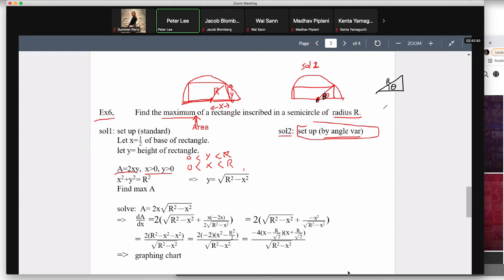In the solution 2 setup, the variable I'm going to create will be theta, and only one variable. There's no x and y. In that case, this guy right here is r cosine theta, and this is a right angle, and this is r sine theta.